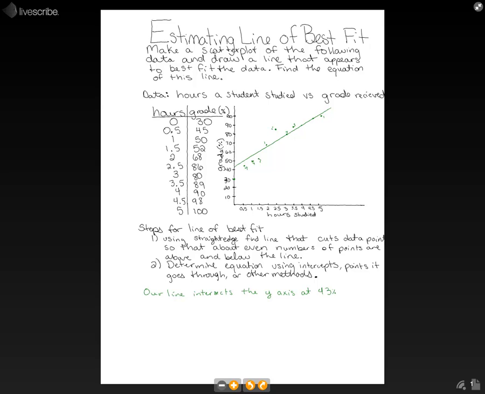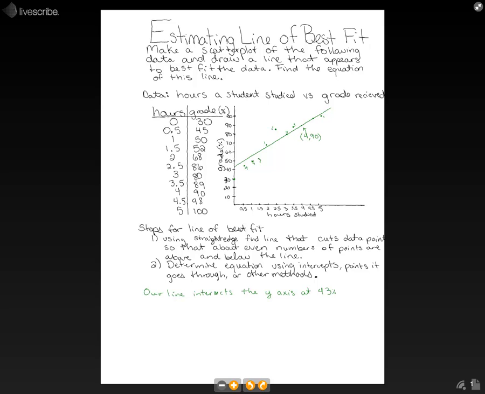Looking through our data, we also see that we have the line crossing a point up here, and that point is at the 4 hours studied. So this point here is representative of our 4, 90.